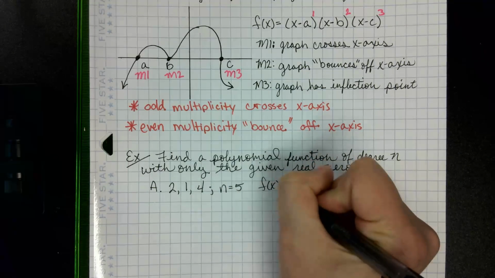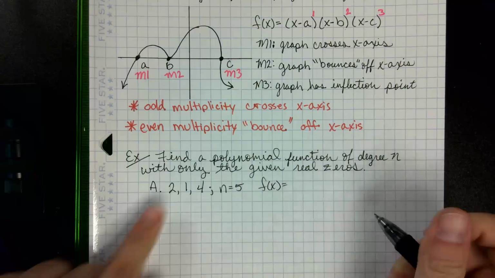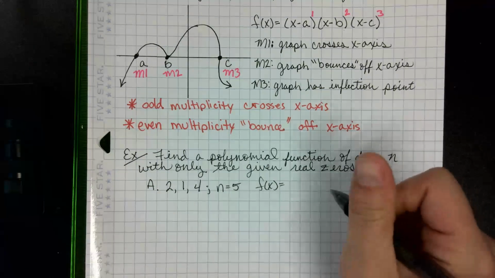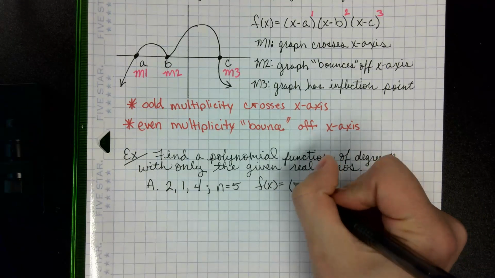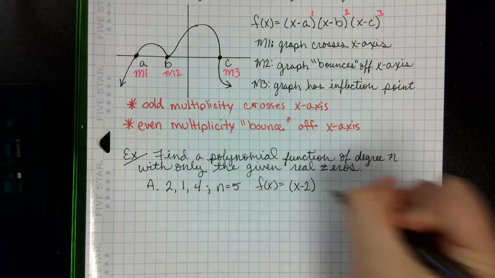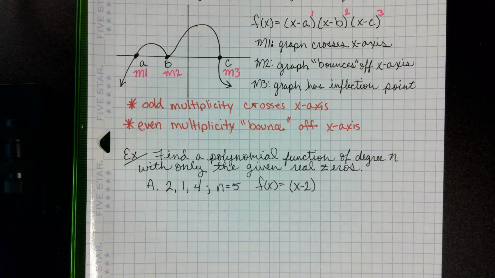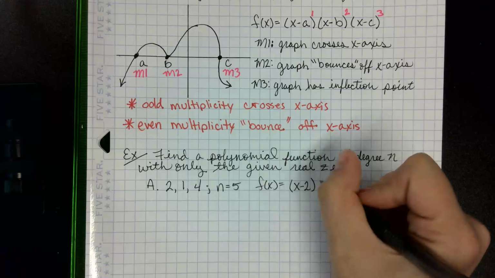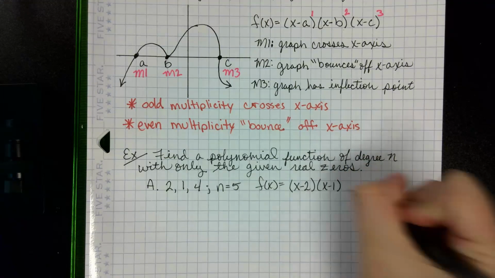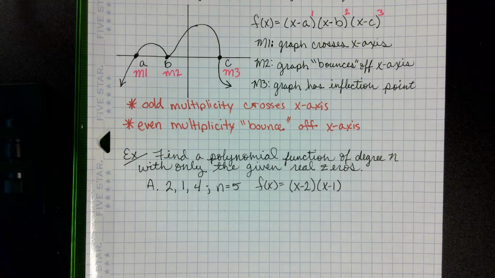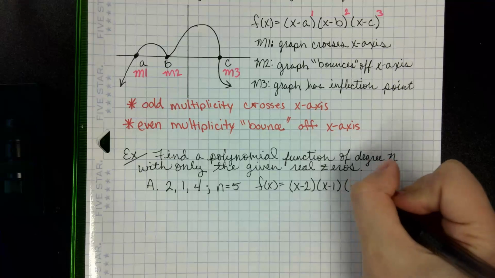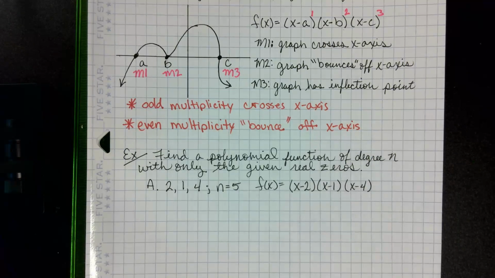So f of x equals, I take my 0 at 2, x equals 2, make that the factor x minus 2. And then when the 0 or the solution is 1, that tells me the factor is x minus 1. And 4, the factor would be x minus 4. So I know I have those 3 zeros, but I need a degree 5. This is only degree 3 the way I have it written.